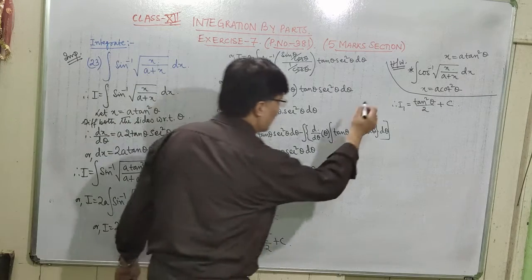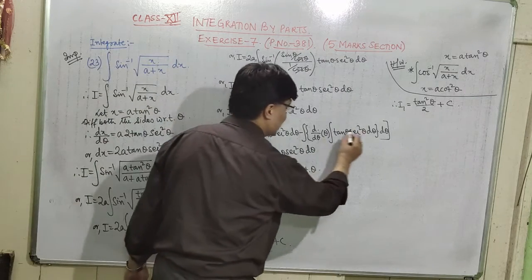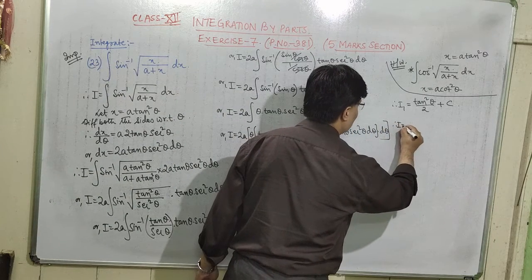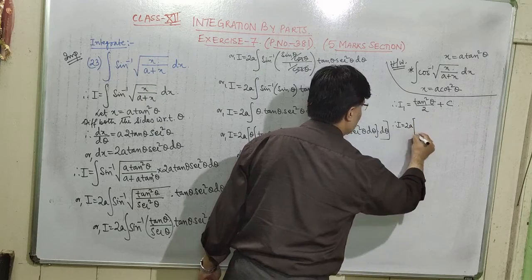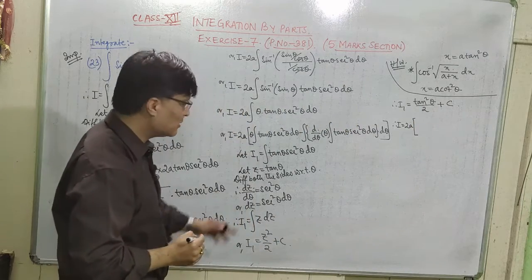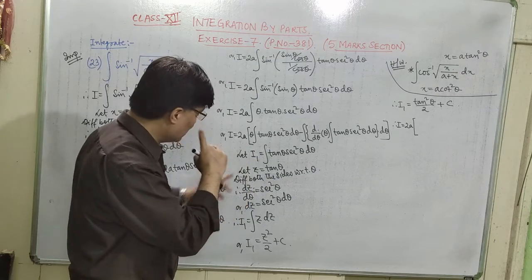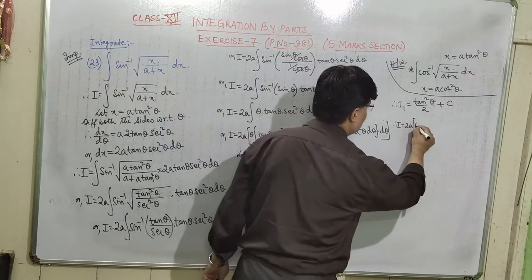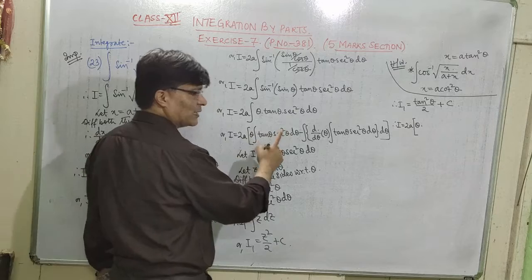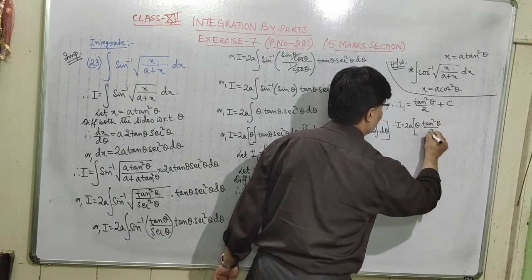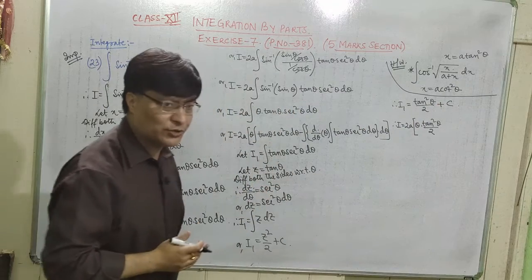So let us put this value for I1 in this I, right? So what is I here? Outside third bracket there is 2a. Third bracket is open, then theta is kept as it is. Then what is integration of tan theta sec square theta d theta? It is tan square theta by 2. Don't write c here, you will get confused.